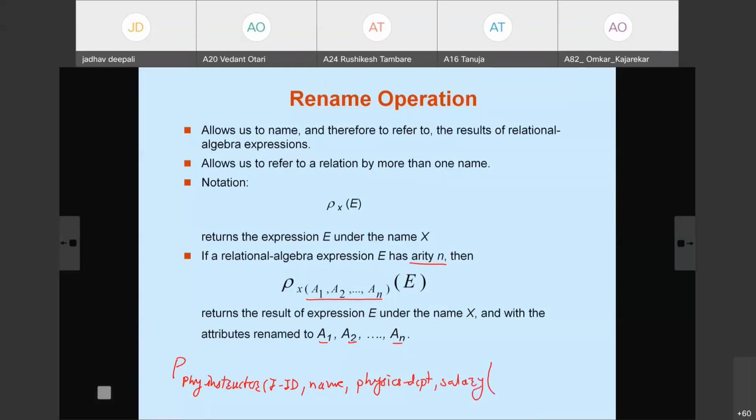And my expression E is select department name is equal to physics from instructor.